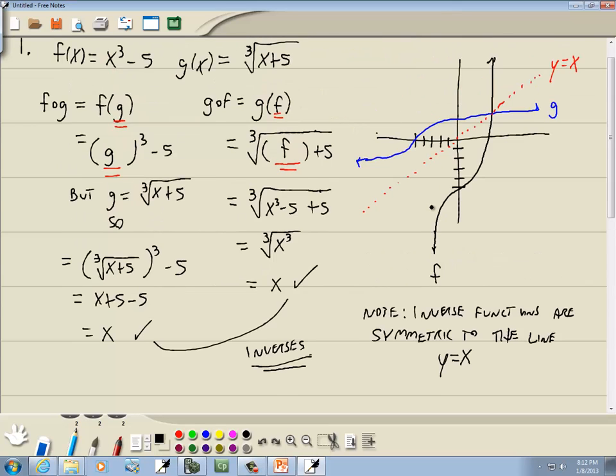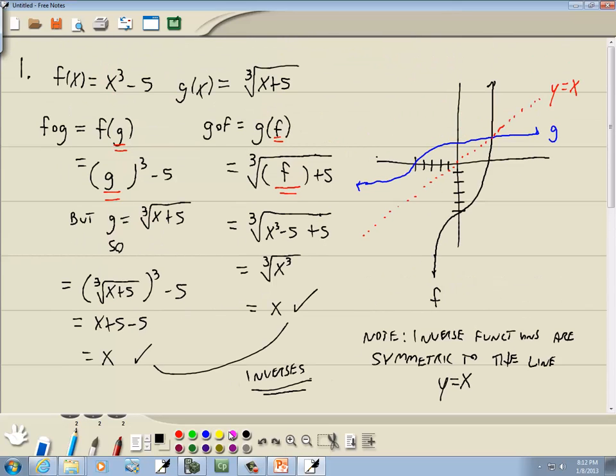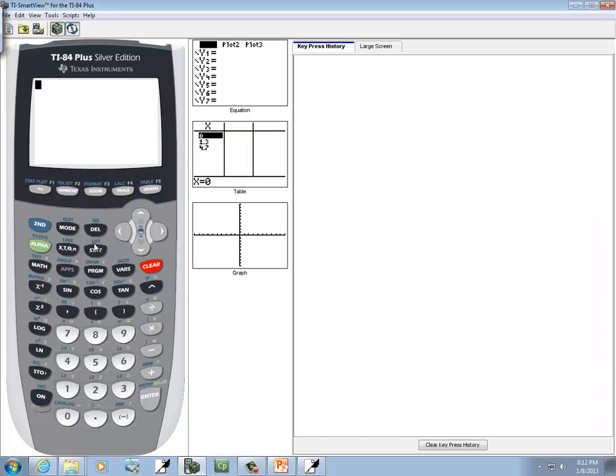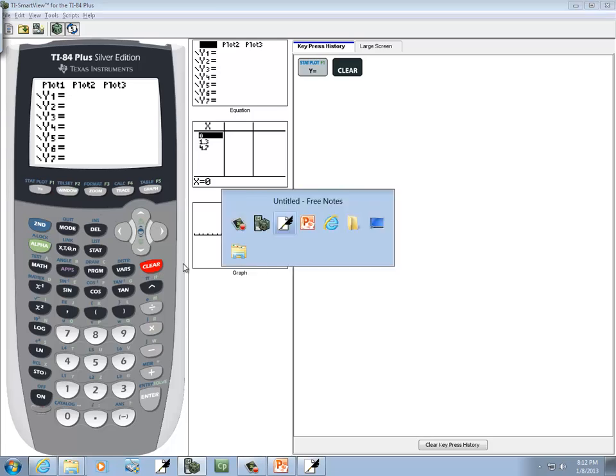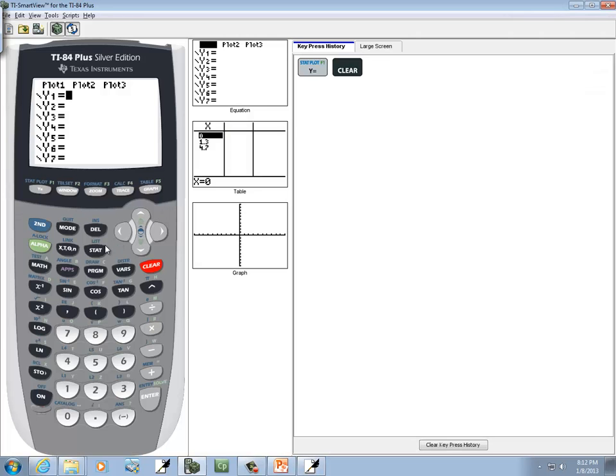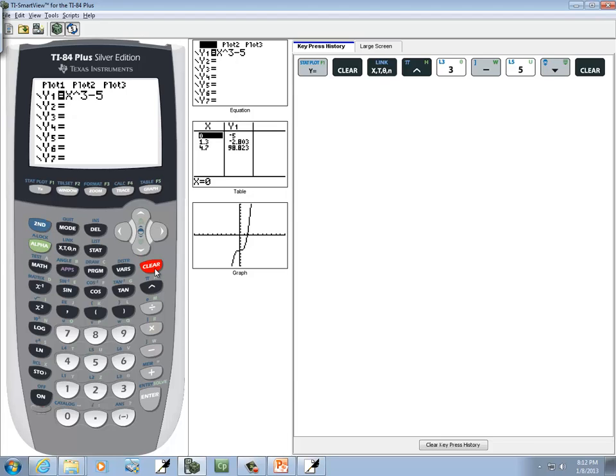Now, if I were to plug this in my calculator, let me just show that. If I come here, press y equals, press clear if you have something in y1, and x to the third minus 5. So I'll do the x key, caret 3, minus 5. Then I'll press the down arrow to go to y2, press clear if you have something there.